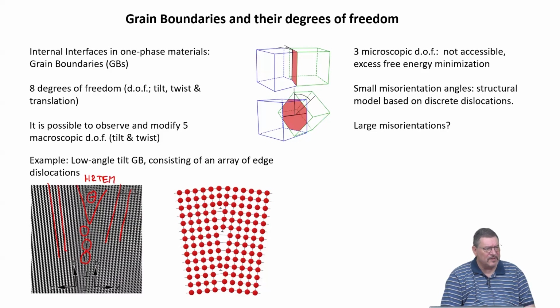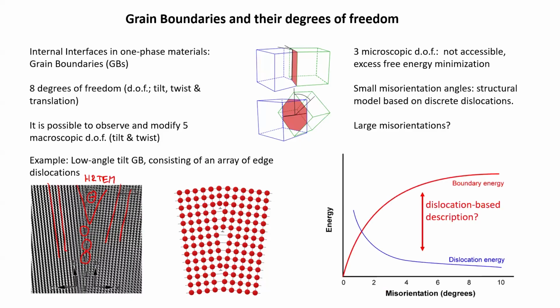Now, what happens if I now increase the misorientation? We talked about it. Then basically the distance between these dislocations becomes smaller. At some point they are going to overlap. So this is a problem, because this is what we know.